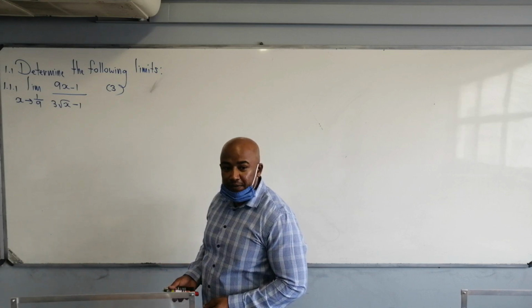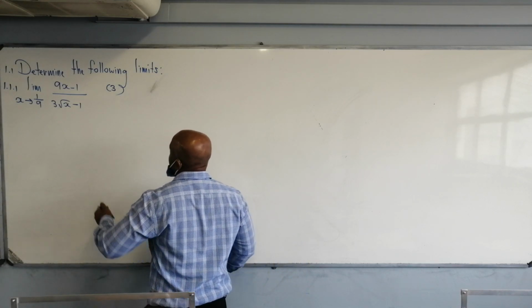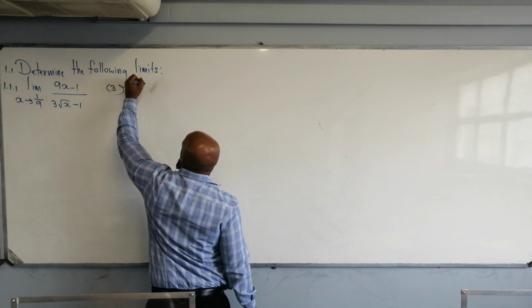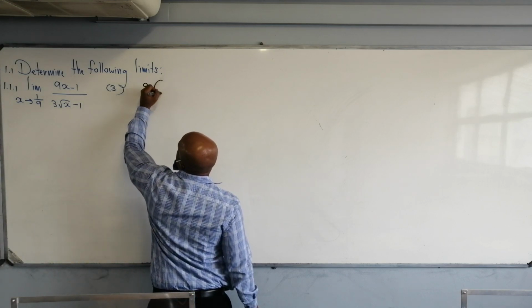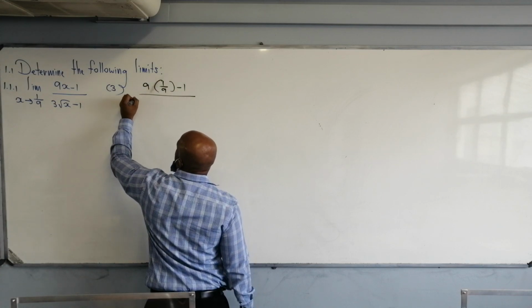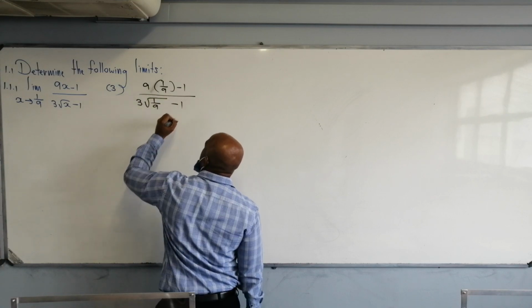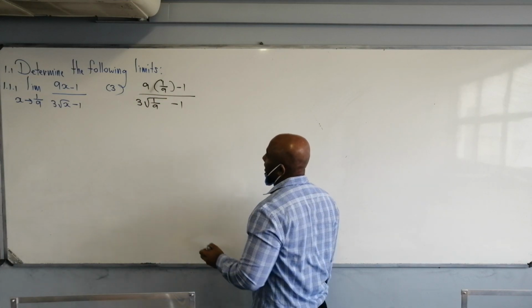And let's see what happens. Substitution 1 over 9. So this is going to equal 9 times 1 over 9 minus 1, and then we got 3 times the square root of 1 over 9 minus 1. Let's see what we get.